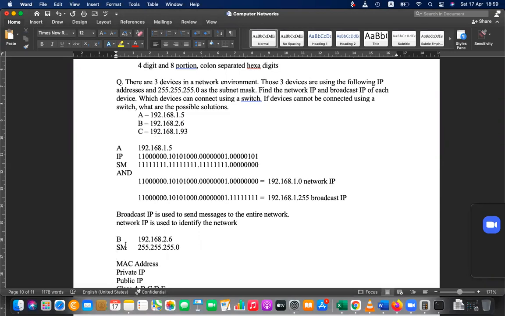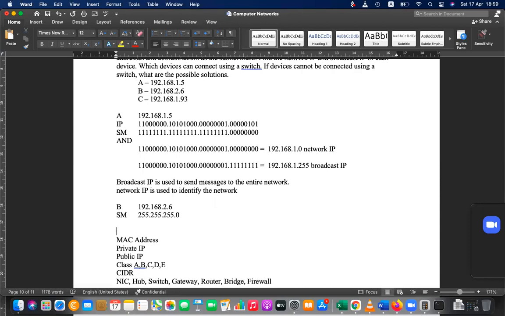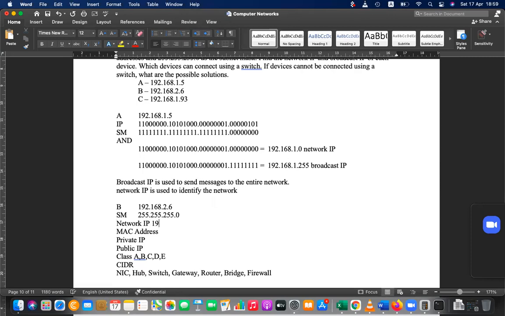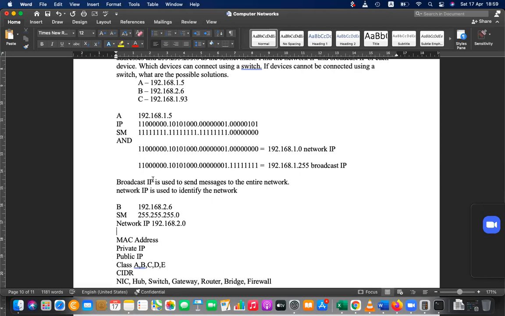You have to write both in binary, and after writing that, you will get the network IP. The network IP will be 192.168.2.0. Check whether you got the same. And the broadcast IP is basically the same IP address but ending with 255. Check whether you got the same.